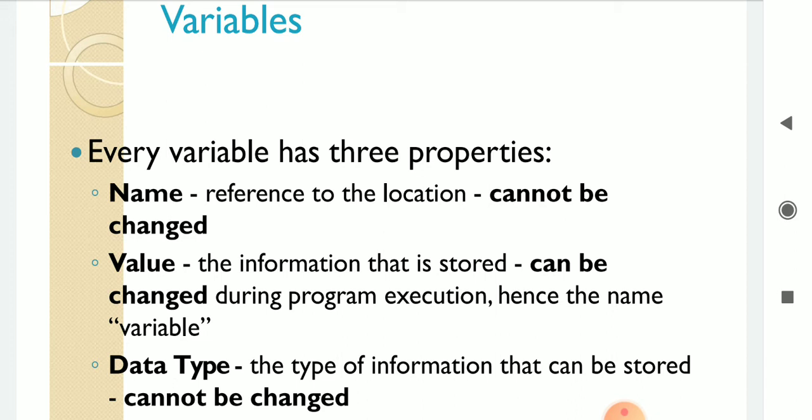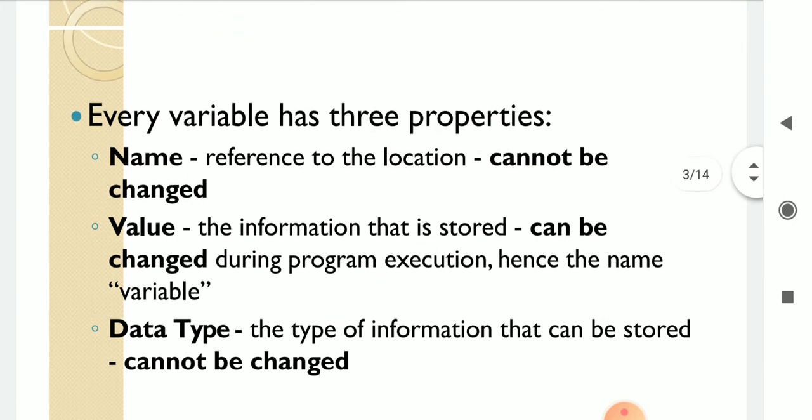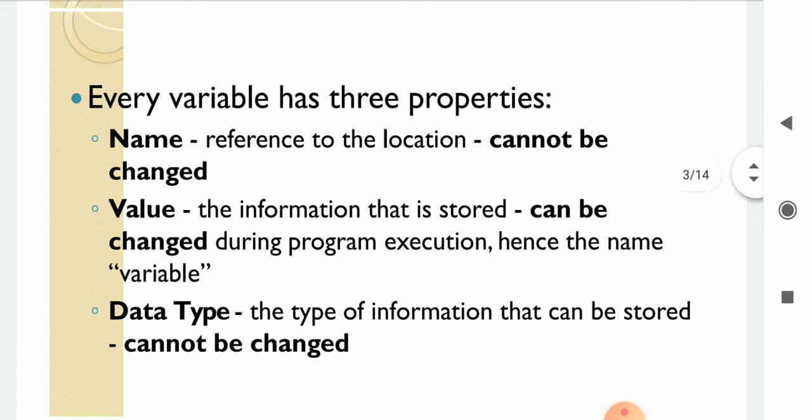For example, if you are storing the roll number of a student, then the variable name should contain roll number, for example, std roll. This variable shows that you are storing the roll number of the student. Then, the value: you have to keep in mind which type of value will be stored in this variable, because while working in Visual Basic or any programming language, you have to use the value which is stored in the variable.